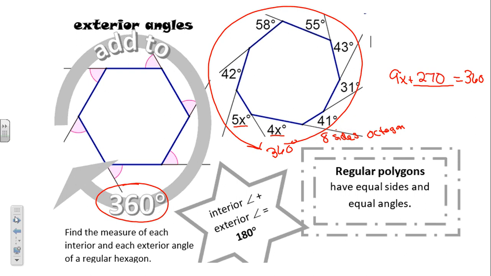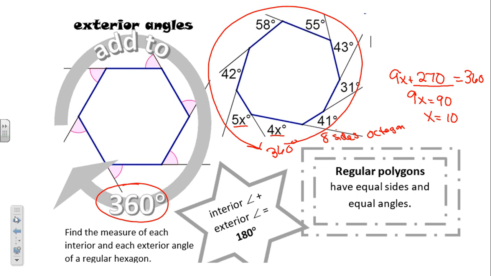Okay, when I added all those up, now I want to take the 270 away. So what's 360 minus 270? So x had to be 10. Okay, add up all your like terms and set them equal to 360. All right, questions on that one?